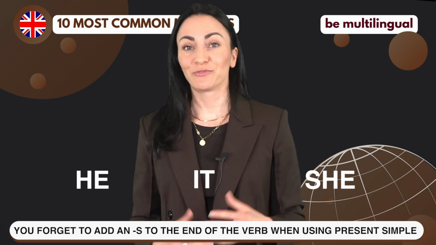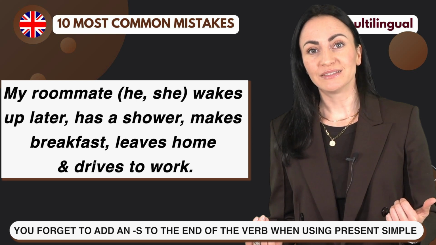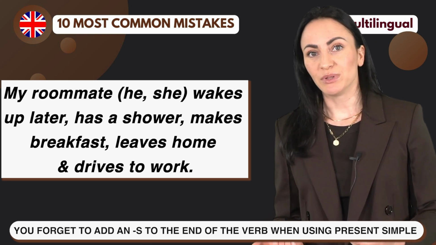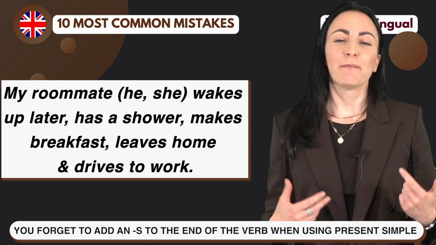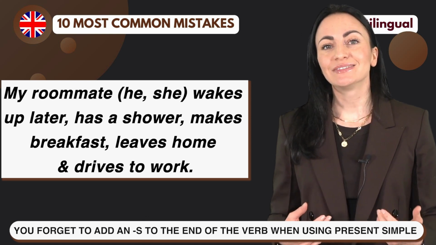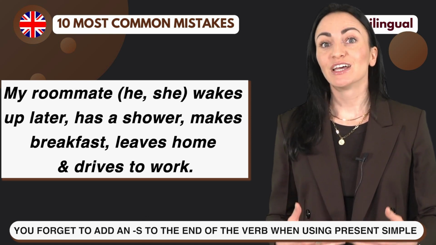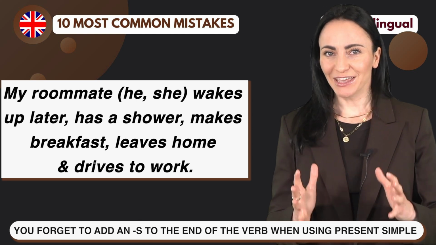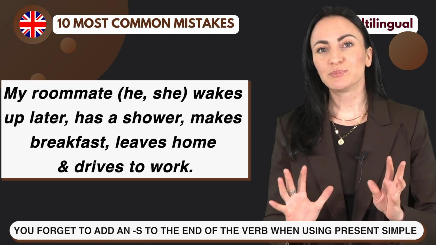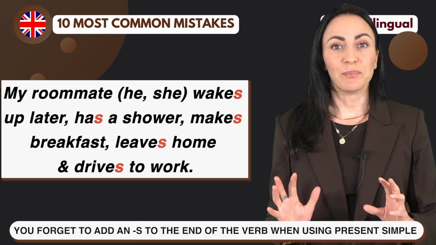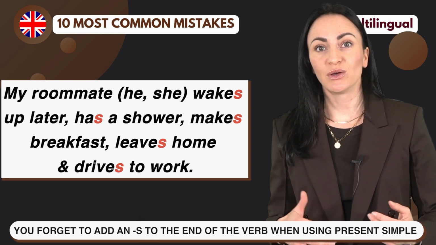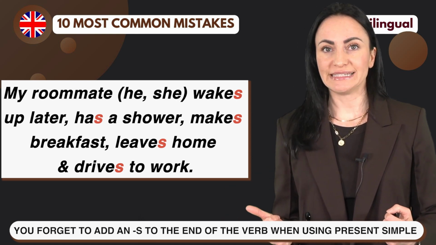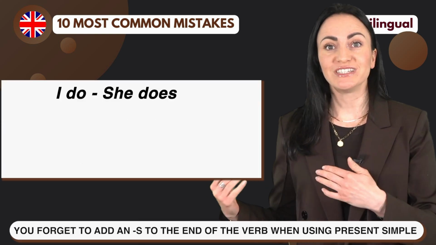end of the verb. For example, my roommate, he or she, wakes up later, has a shower, makes breakfast, leaves home, and drives to work. Can you see the difference? I always put an S when speaking about another person or thing. I say, I do, but she does.